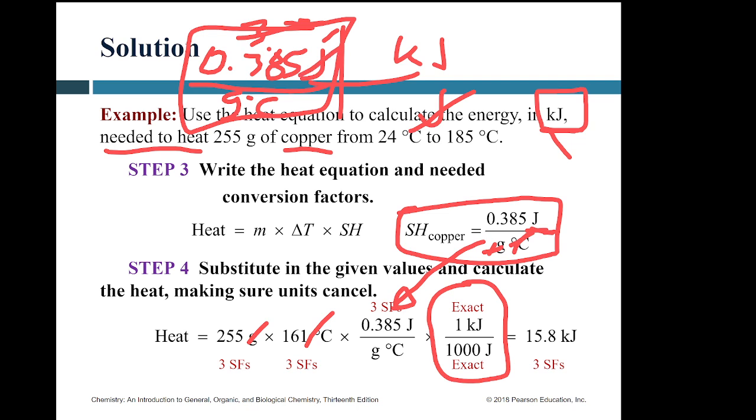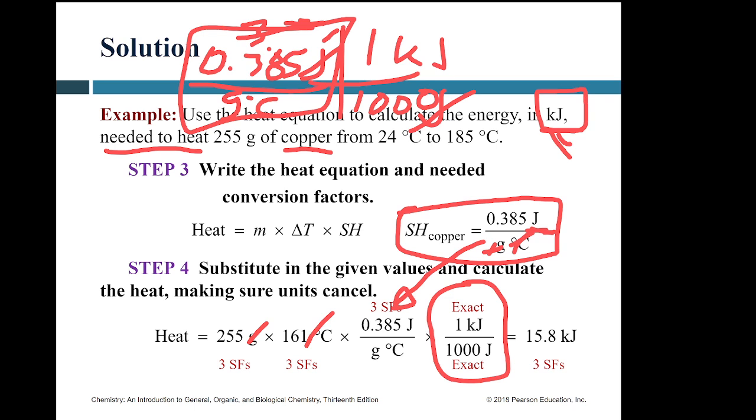How many joules are in a kilojoule? 1,000. So this leaves me with kilojoules per gram degrees Celsius. I am going to get kilojoules out of this, but I need to get rid of those grams and degrees Celsius, since they aren't in my final answer.